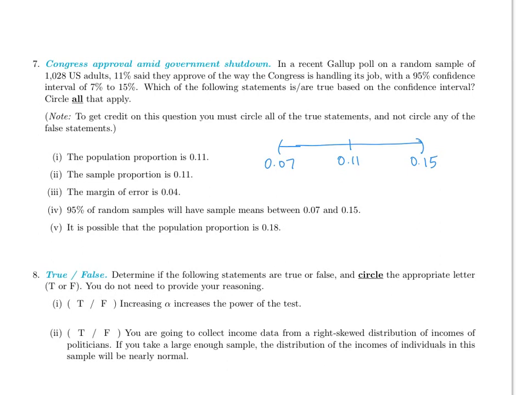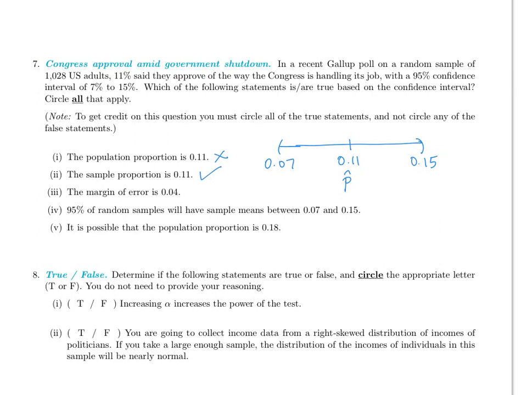That population proportion is possibly 0.11, or population proportion is unknown. All of these would work. But what is equal to 0.11 is my p hat. That is my sample proportion. So this one is not correct. The sample proportion is 0.11. That we said is correct. So this is correct. The margin of error is 0.04.